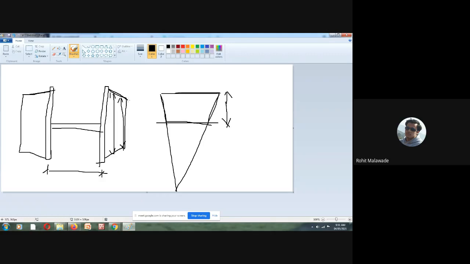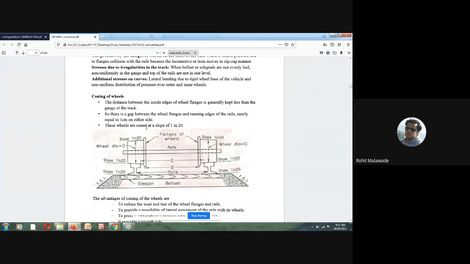The reason we provide this tapered portion is that if we provide a straight portion, these wheels will be continuously moving in and out, and there is friction between the rail and the wheel.